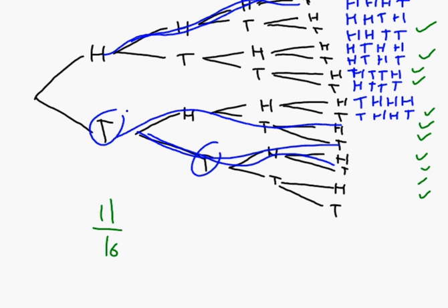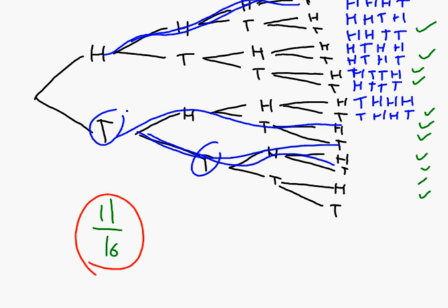Now, we could have simulated this. And my promise to you is if you simulate it enough times, the probability you get should be very close to 11/16. So let's think about what we could do in our random number generator calculator to simulate tossing 4 coins.